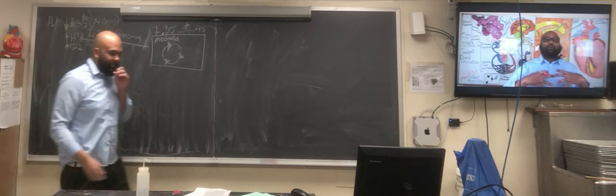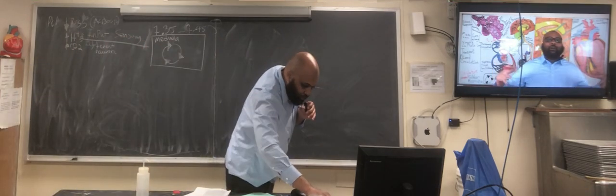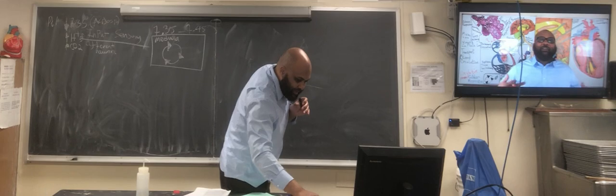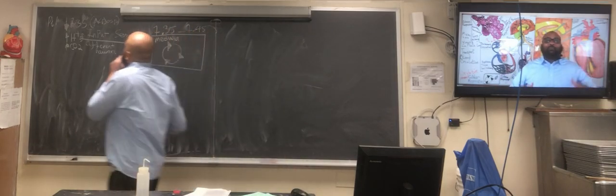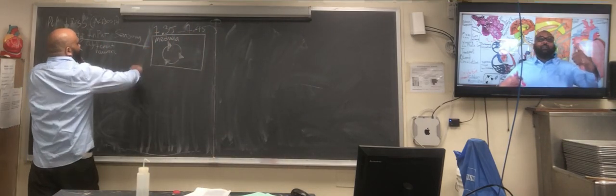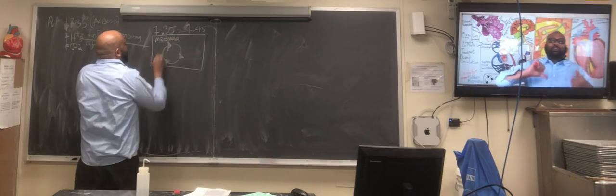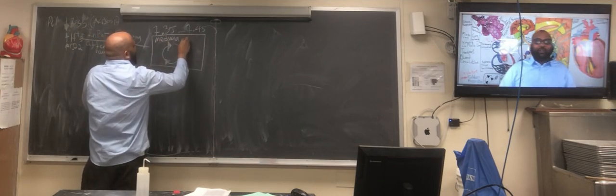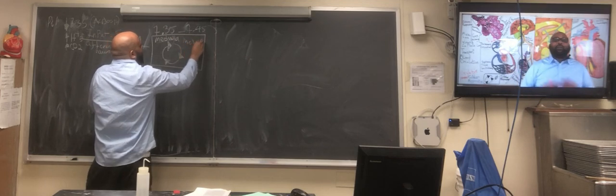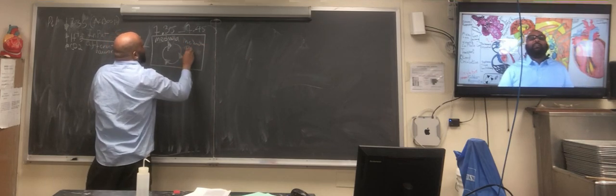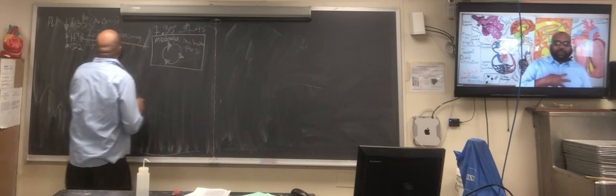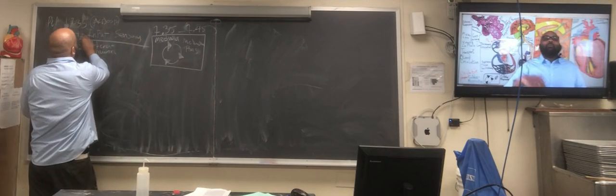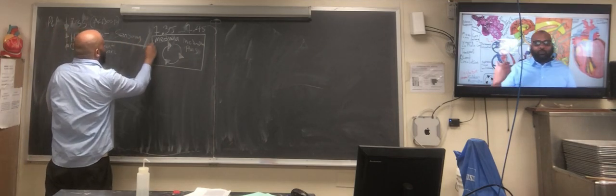This sensory stimuli is very important. Why? Because it ultimately feeds the computer in the medullary rhythmicity area in my reticular formation, which is the medulla and the pons. Over there, the sensory input is providing input.